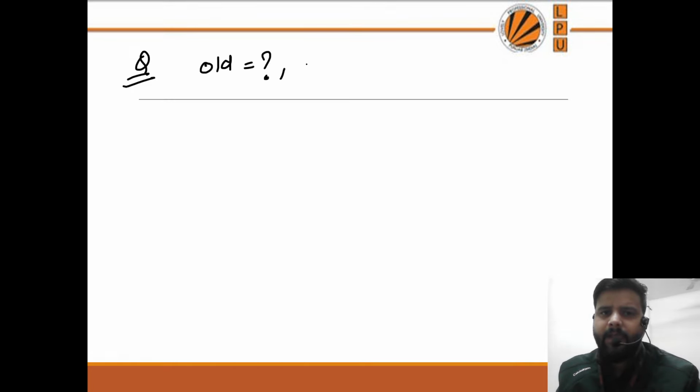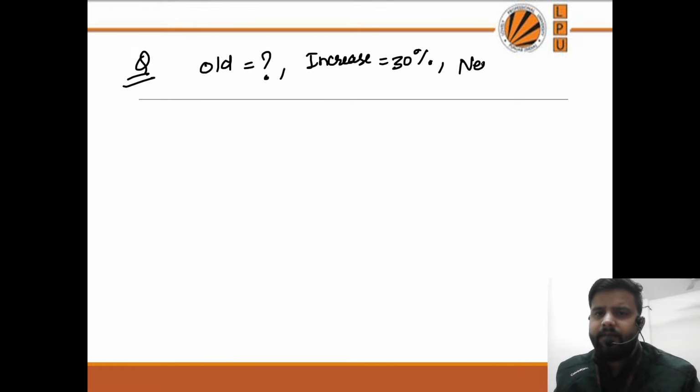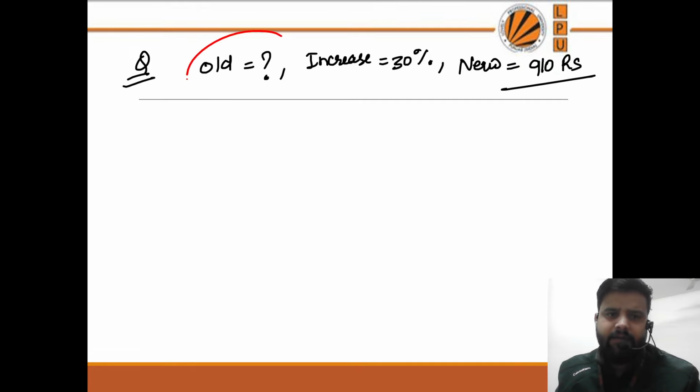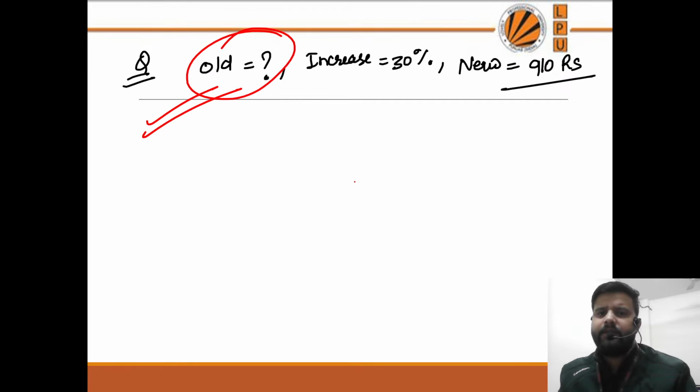The increase percentage is 30%, and the new value is given as 910 rupees. So tell me what is the new value and old value for this question. You are given the increase percent, you are given the new value. Now tell me what will be the old value.